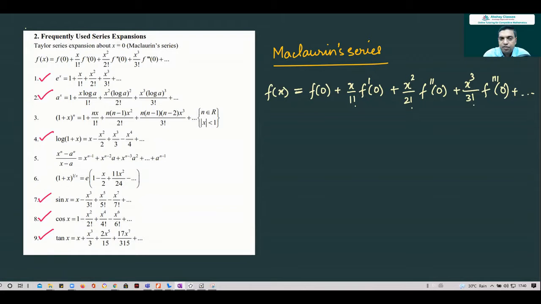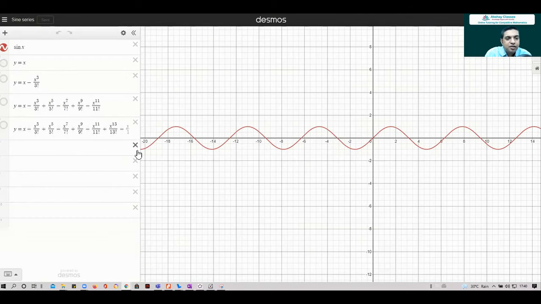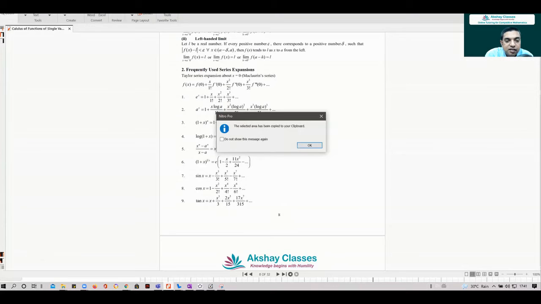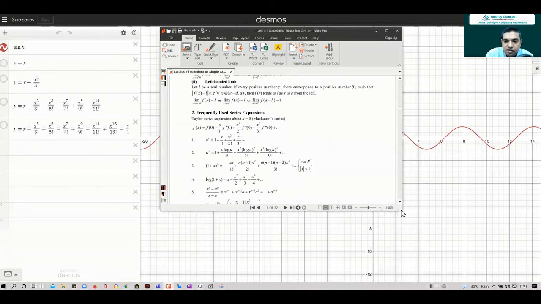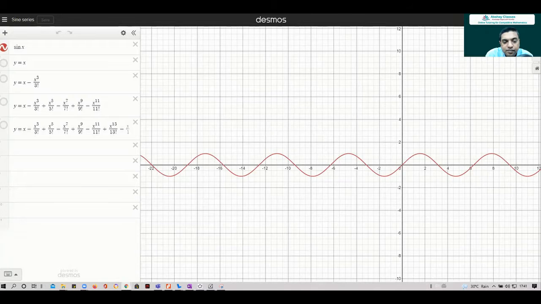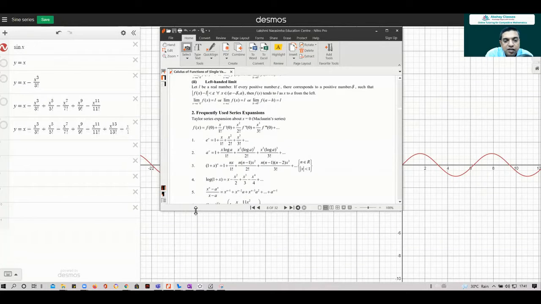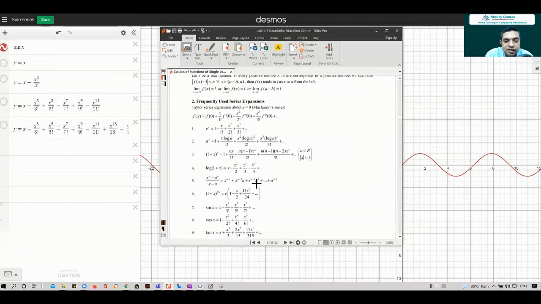Now there is a valid proof for it. This is something very useful. You see, I have given these Maclaurin series expansions up to a certain number of terms. So carefully observe here, sin x, x minus x cube by 3 factorial plus x power 5 by 5 factorial plus x power 7 by 7 factorial, and so on.